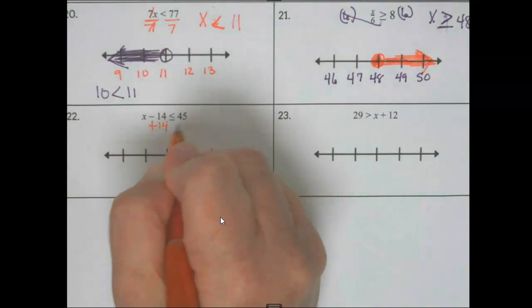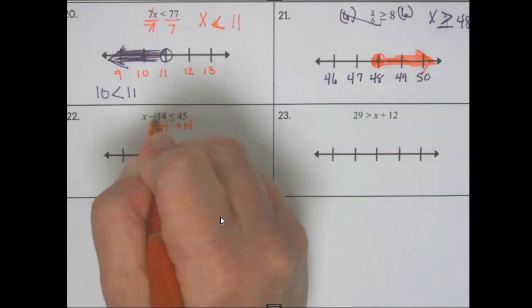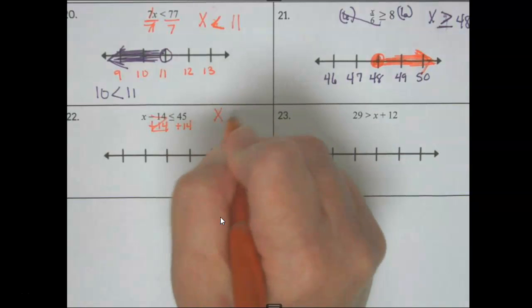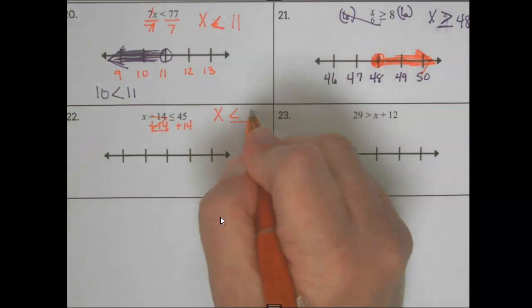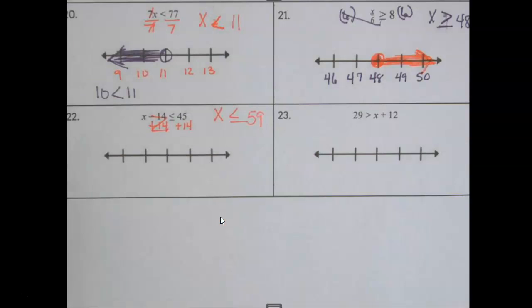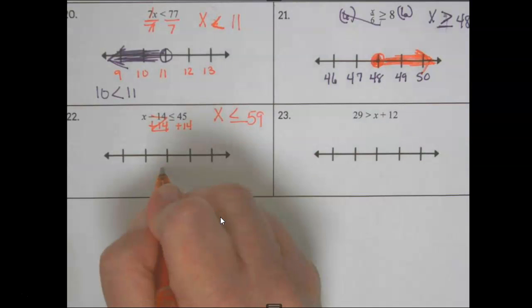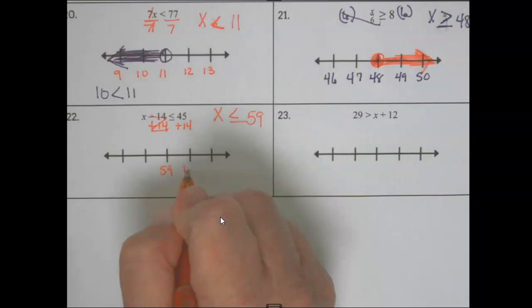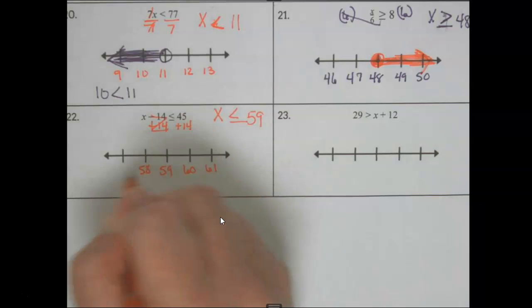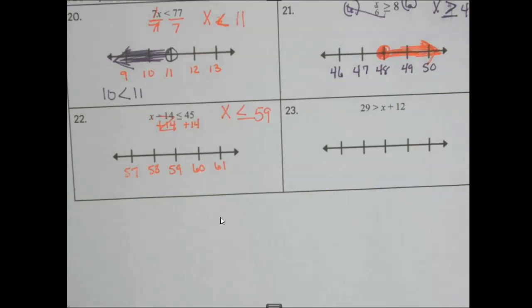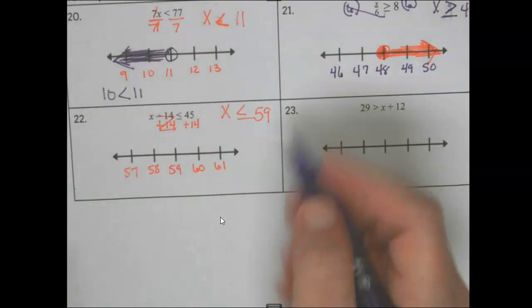Add 14 on both sides. 45 plus 14, 59. I'm using a closed circle on 59.